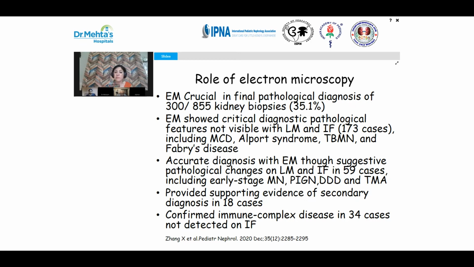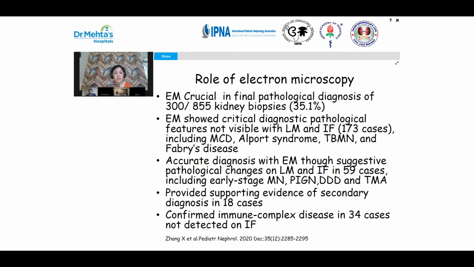It was especially critical in the diagnosis of minimal change disease, Alport syndrome, thin basement membrane disease, and Fabry disease, in up to 173 of the 855 cases where only LM and IF would not have given the correct diagnosis. Similarly, even when LM and IF were suggestive, electron microscopy was essential to clinch the diagnosis in 59 cases, including early membranous nephropathy, PIGN, dense deposit disease, and TMA.